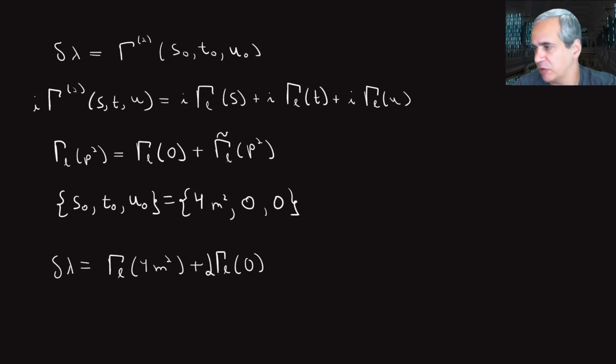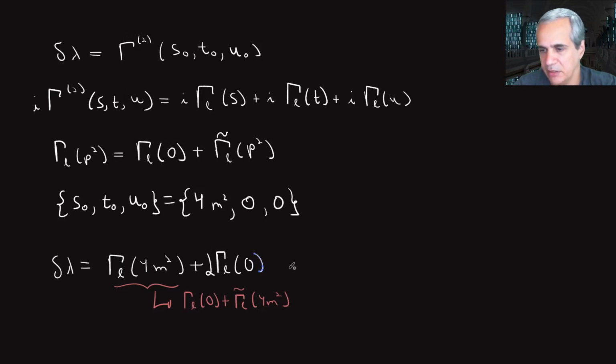And of course, this guy here, I can use this expression. For these other two, it's not needed, because if I put 0 on both sides of the equation, I see that gamma tilde of 0 needs to be 0. But this guy I can rewrite as gamma L of 0 plus gamma tilde L calculated at 4m squared.